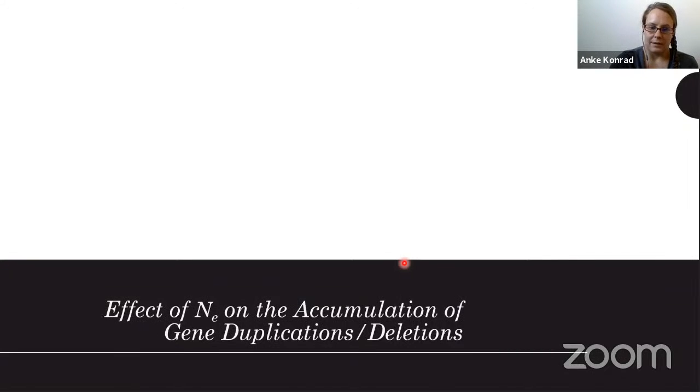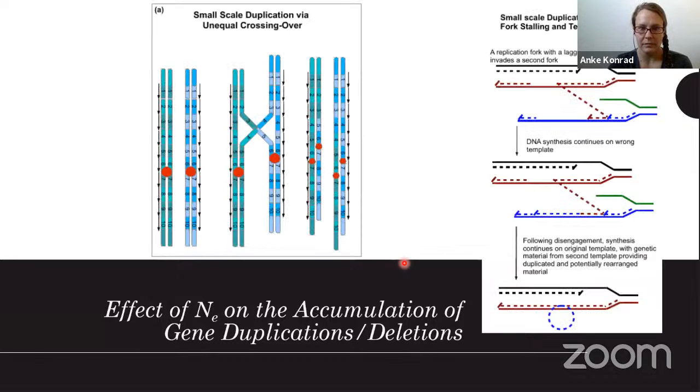So what about selection on gene duplications and deletions in the nuclear genome? Just a very quick review, there are a number of different mechanisms by which gene duplications and deletions occur. For smaller scale duplications, the main mechanisms are either unequal crossing over or slippage of the replication fork.